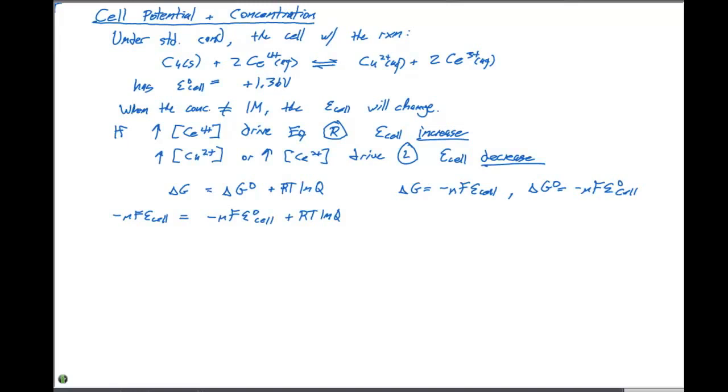So what they decided to do is divide by minus nF in every single case. We get something a little bit simpler: E cell equals E° cell minus RT ln Q divided by nF.